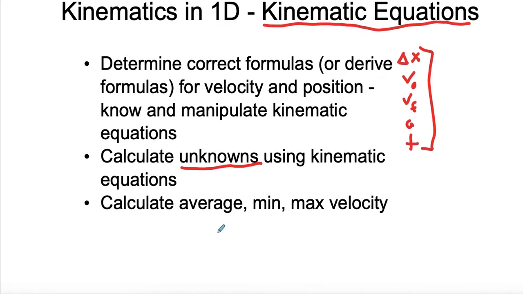One thing you just have to know how to do is calculating the average, calculating a minimum, a maximum velocity. Now to get an average, the average is the change. So an average velocity, for example, is the change in x over the change in time.